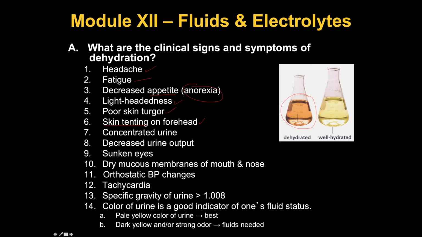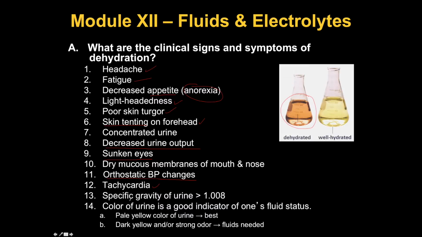They'll have a decreased urine output. Their eyes will sink back into their head a little bit because there's a loss of fluid. Mucous membranes of the mouth and nose dry out. You can have orthostatic blood pressure changes, meaning that the person's more sensitive to changes in body position and the way that blood pressure changes. Tachycardia, so their heart rate can be over 100 beats per minute at rest.